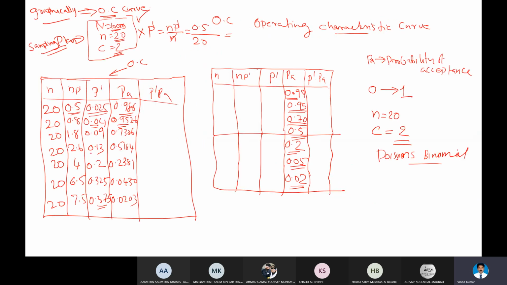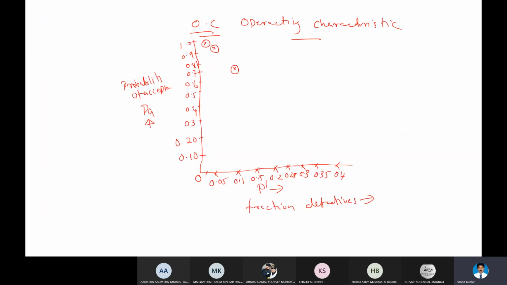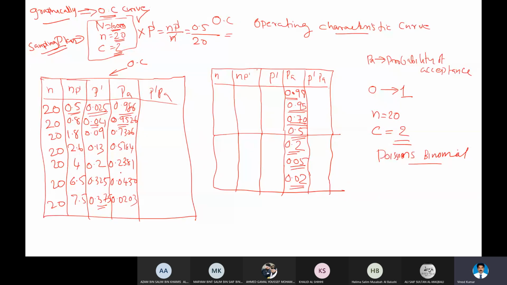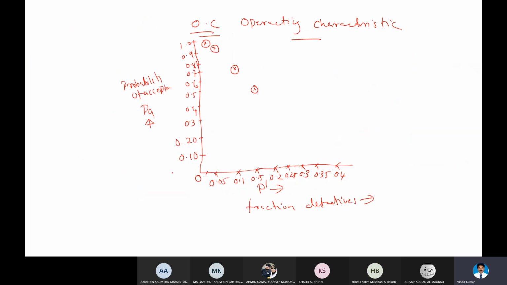Then you have to draw using graph sheet, okay? Then 0.13, 0.5. 0.13 is here, and 0.5 somewhere here. Then 0.2 and 0.23 here.